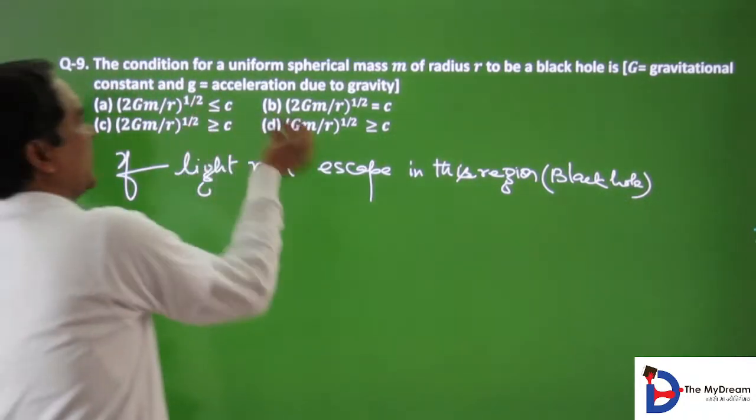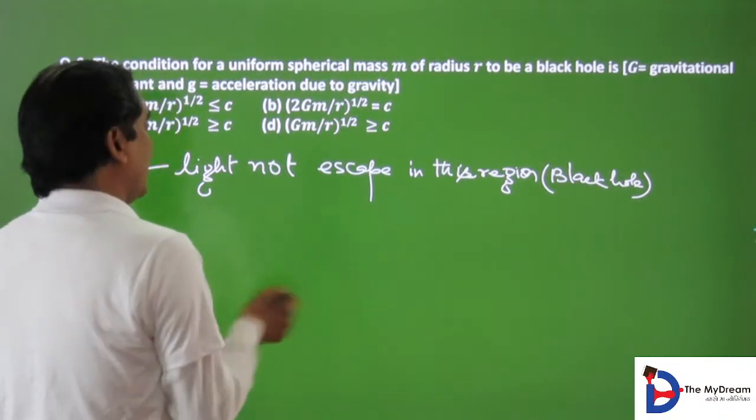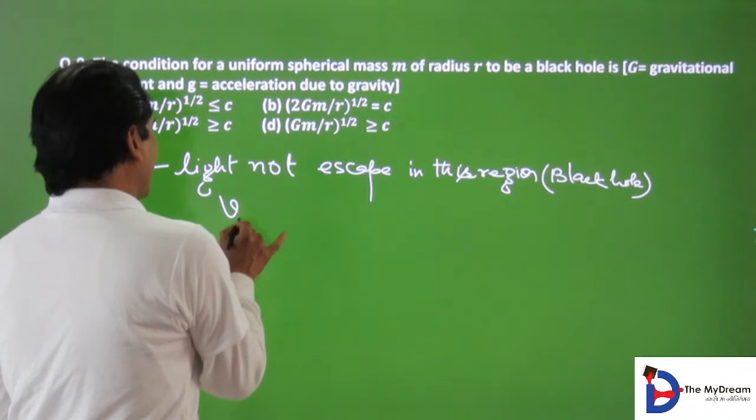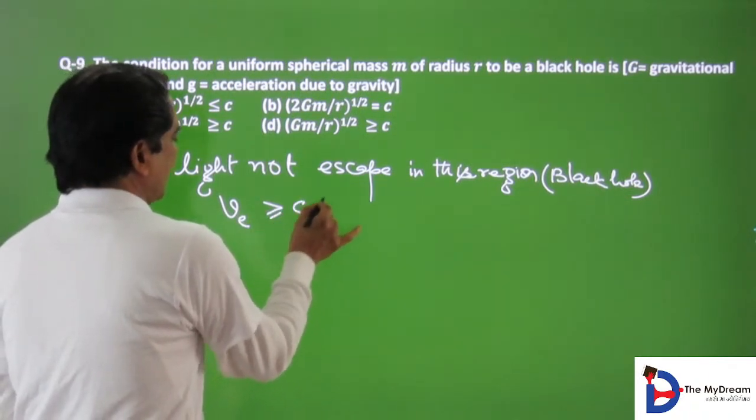Where c is the speed of light, and which is possible when the escape velocity is greater than or equal to the speed of light.